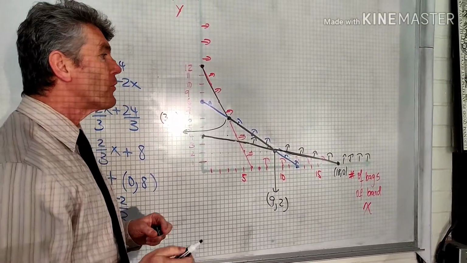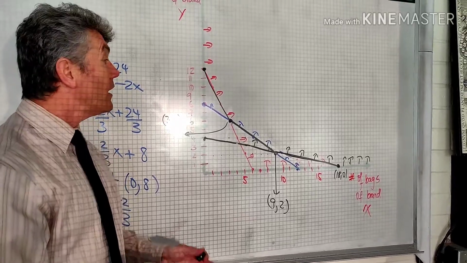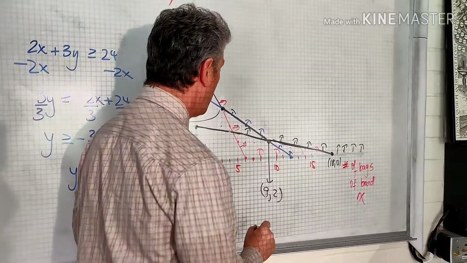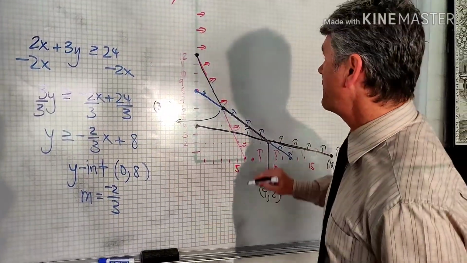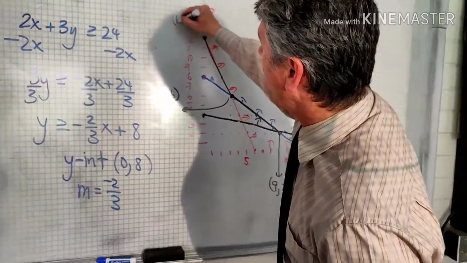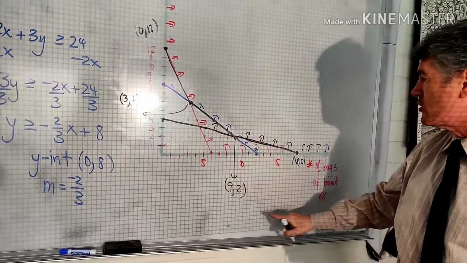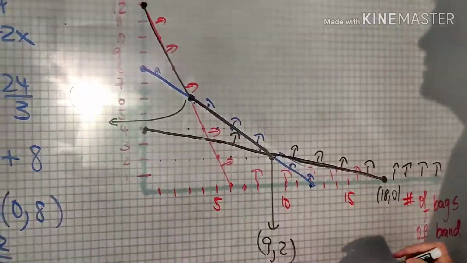And from example 4, you know that we are lucky, because if we wanted to find the maximum, we couldn't, but we have to find a minimum. So our vertices are (0, 12), (3, 6), (9, 2), and (18, 0).